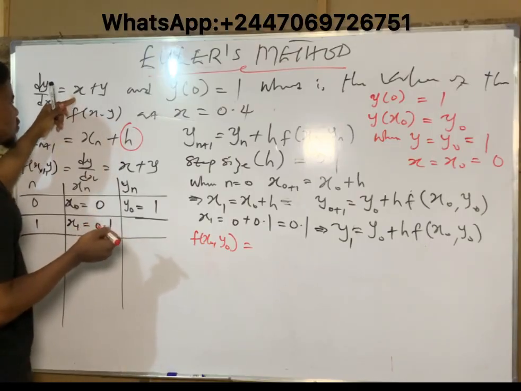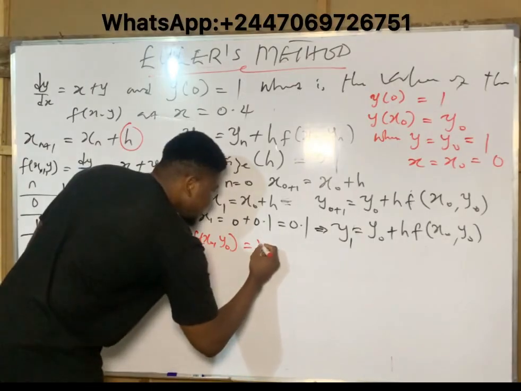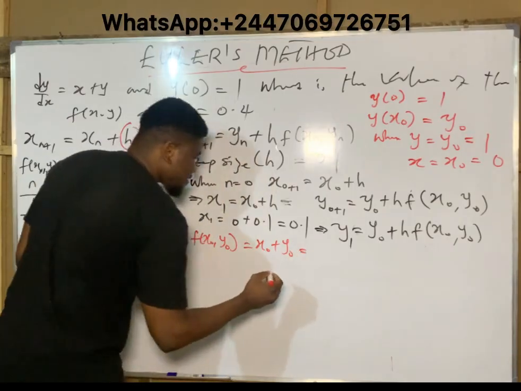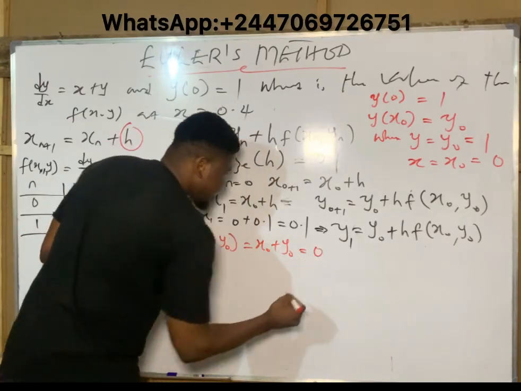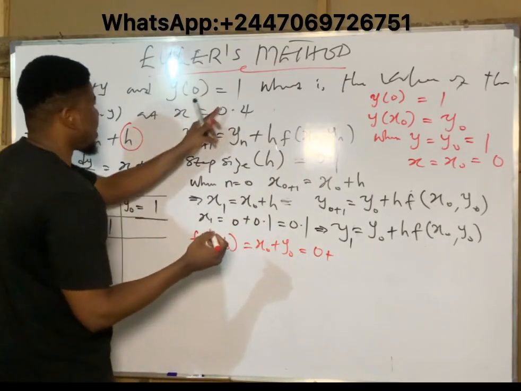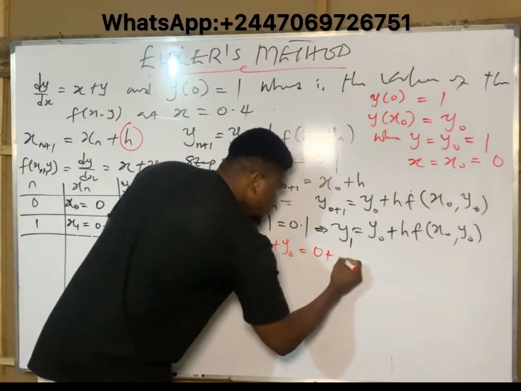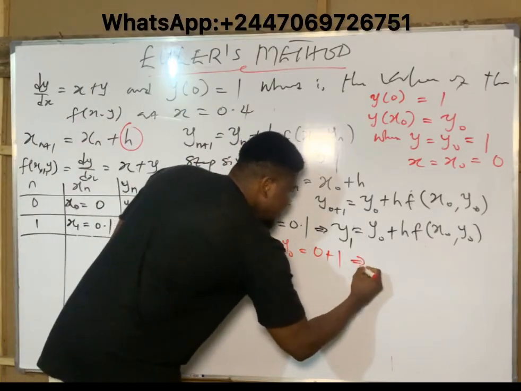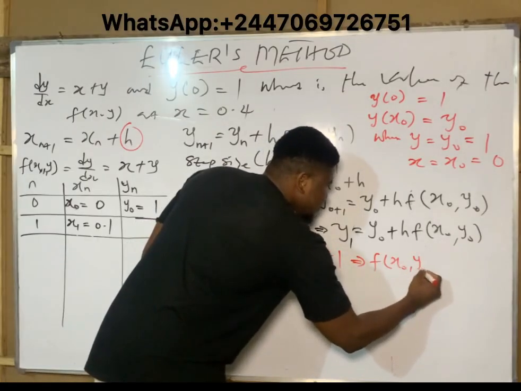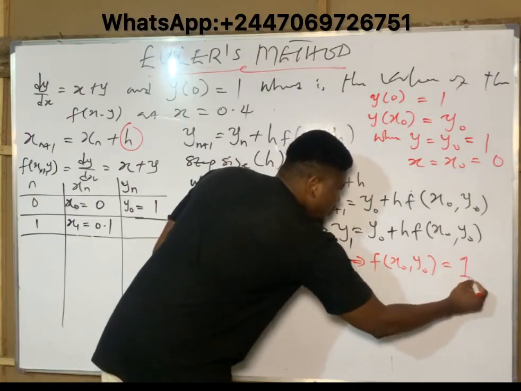So this is x0 plus y0. And x0 from the equation was given to us as 0, y0 was given to us simply as 1. So this implies that the value of the function at x0, y0 is equal to 1.